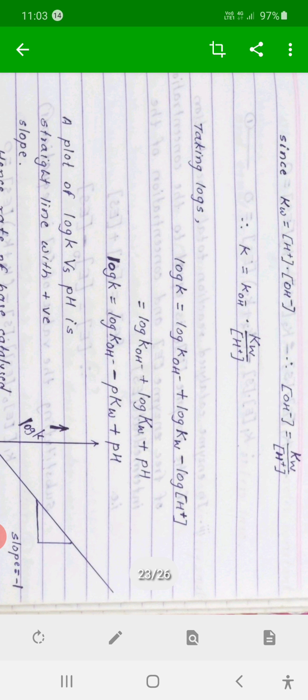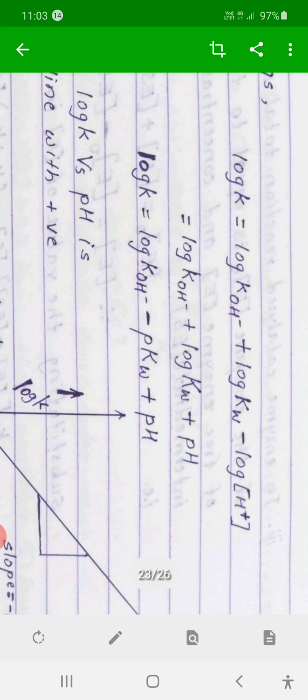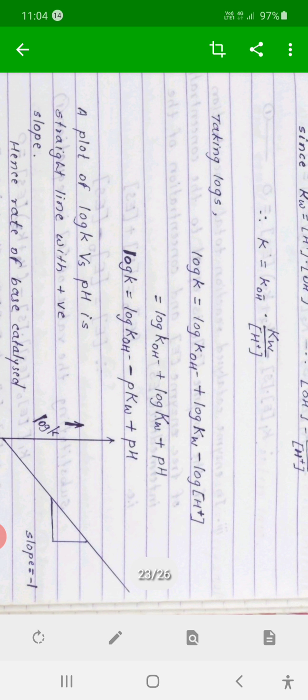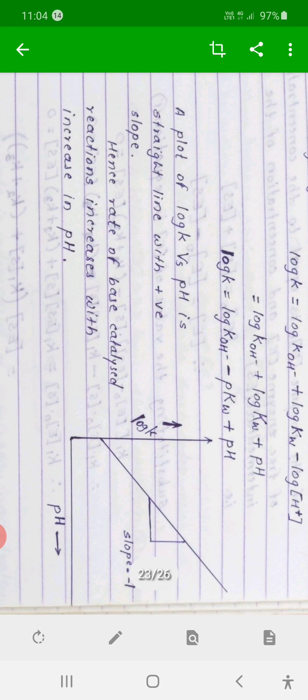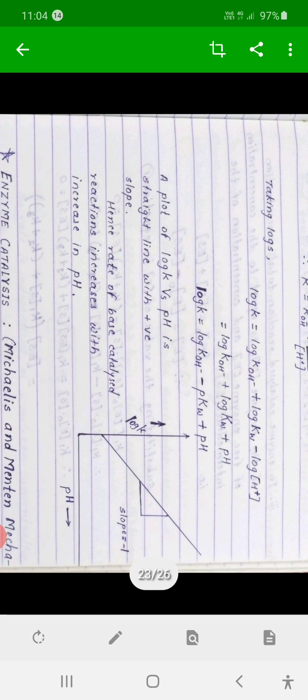Therefore, log k is equal to log k_OH⁻ minus pKw plus pH. If we plot a graph of log k versus pH like the previous graph, then we obtain a straight line with positive slope.